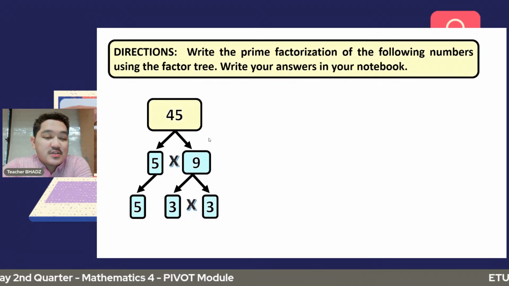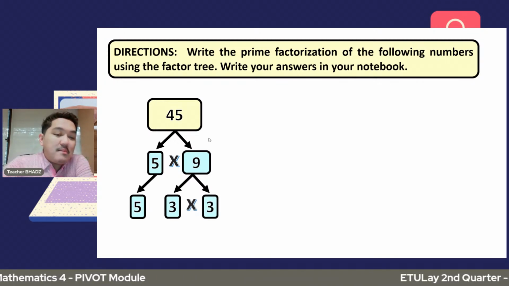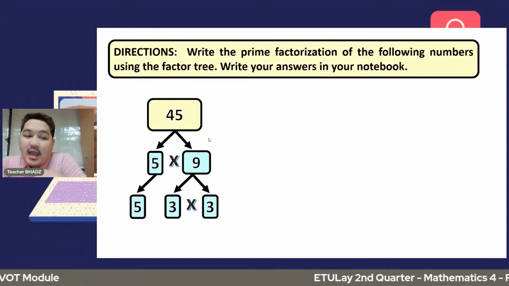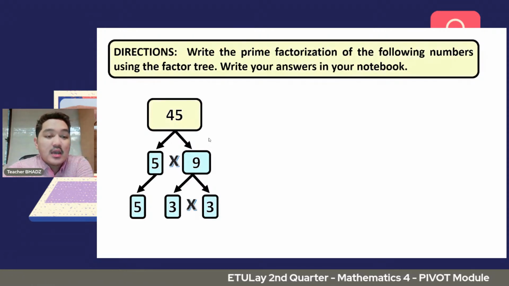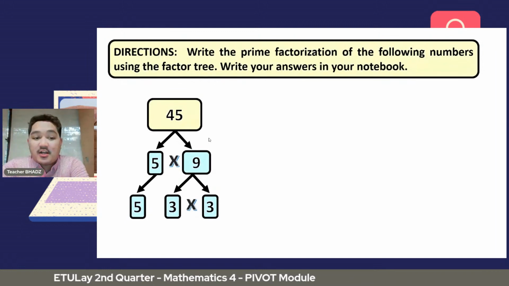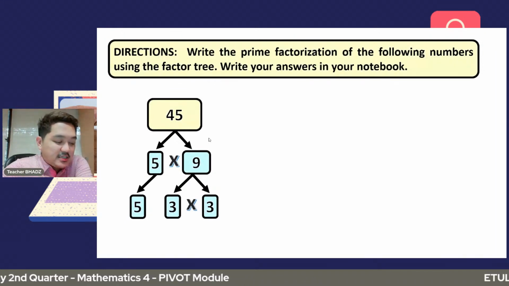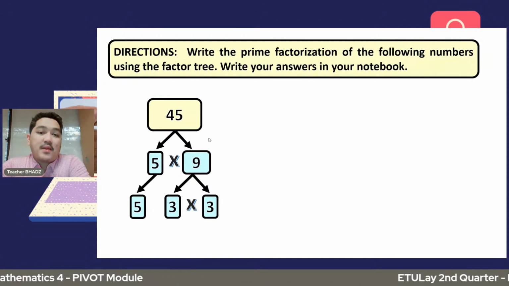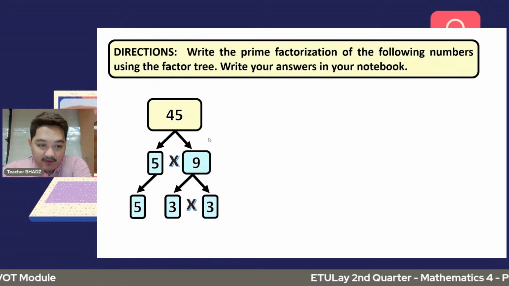And let's observe. Yung bang mga nasa last layer, prime numbers na ba sila? If no, we need to get the factors ng isa sa mga digit. If yes, ibig sabihin po, yan na po ang prime factors ng 45.